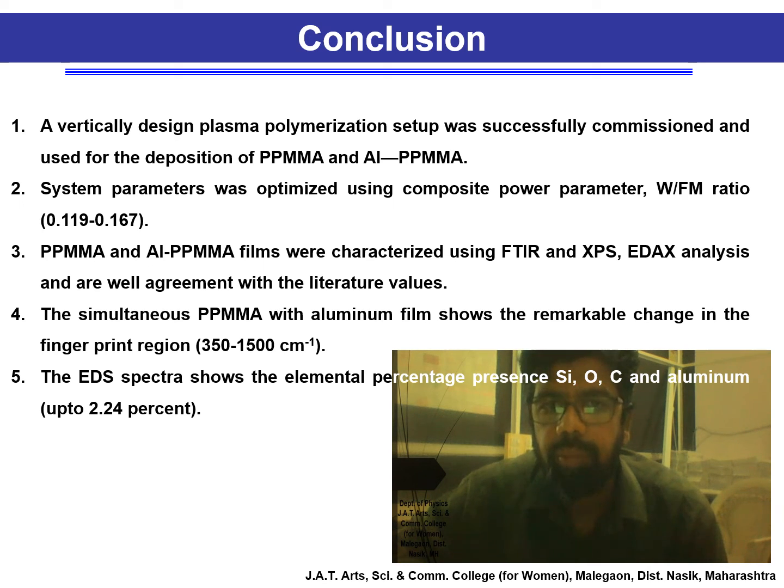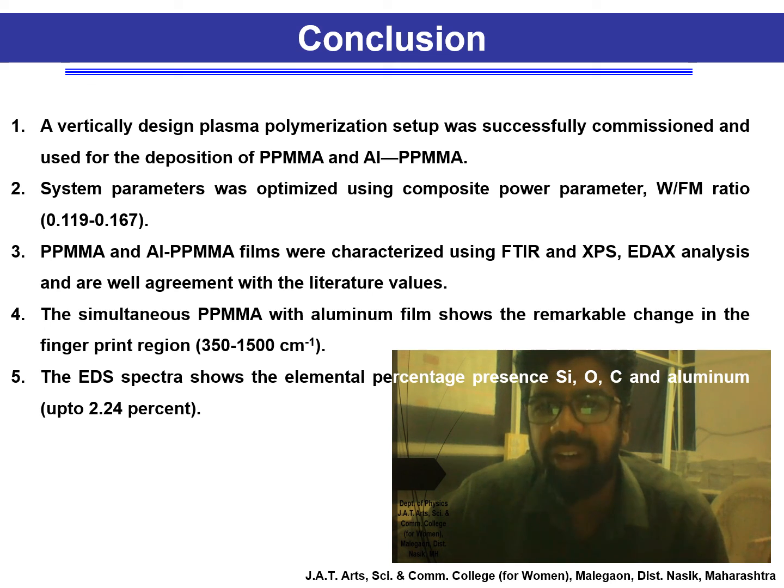PMMA polymer film and aluminium doped polymer films were characterized using FTIR, XPS and EDAX analysis, which are in agreement with the literature values. The simultaneous PMMA with aluminium PMMA shows remarkable change in the fingerprint region, that means 350 to 1500 per centimeter.